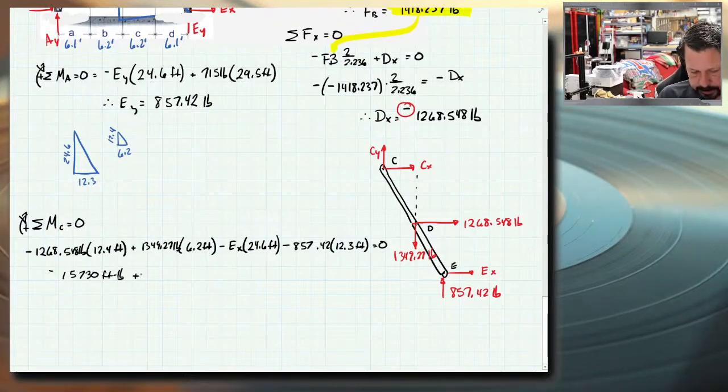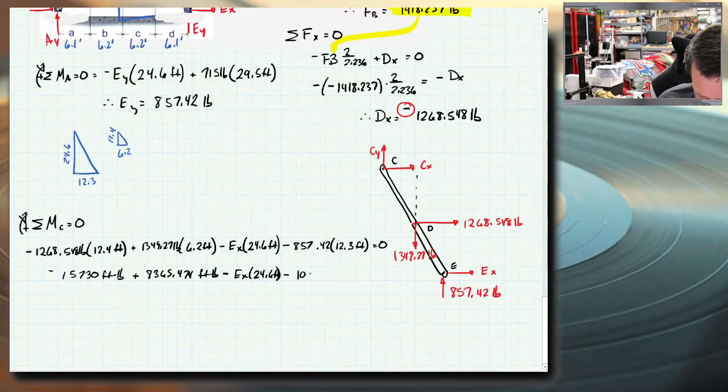Plus 1349.27 times 6.2, 8,365.474 foot-pounds, minus EX times 24.6 feet, minus 857.42 times 12.3, 10,546.27 foot-pounds, equals 0. We'll move EX to the other side so it becomes positive.